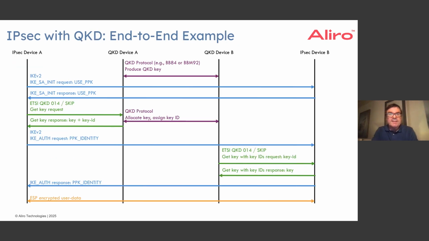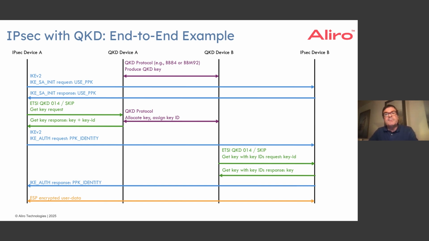Here we see an end-to-end example of how all the various protocols work together to use QKD in the context of IPsec. The purple arrows represent the quantum and classical post-processing protocols between the QKD devices. There are no standards for this yet, so these purple arrows are currently typically proprietary protocols from the QKD vendor.